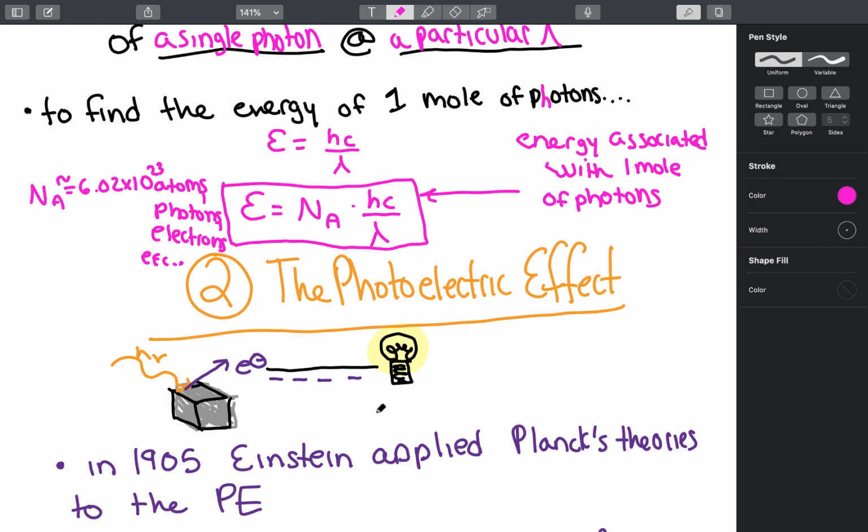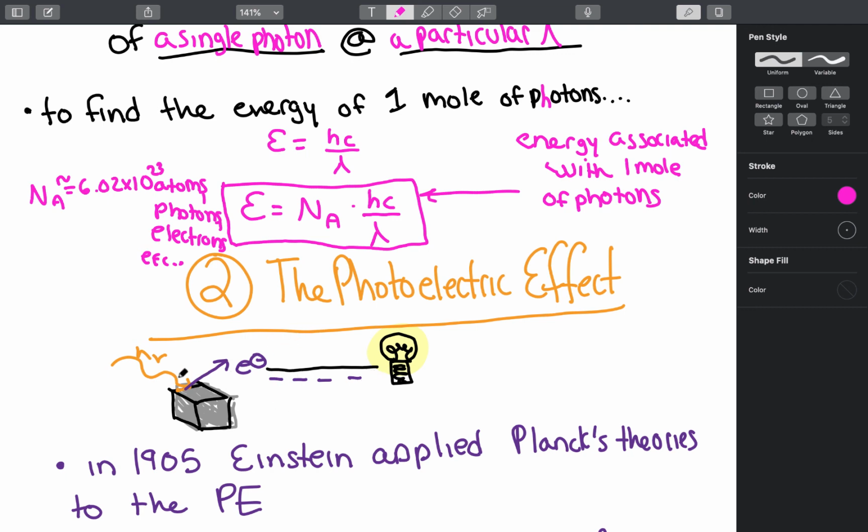So here we have a beam of light hitting a solid metal cube. And when the beam of light hits the solid metal cube, if the beam of light has enough energy, it can cause an electron to escape from the metal atoms within the cube, and this escaped electron can actually be put into a wire, and this wire can deliver a current into a light bulb or something, and the light bulb can light up, or you can power something else.